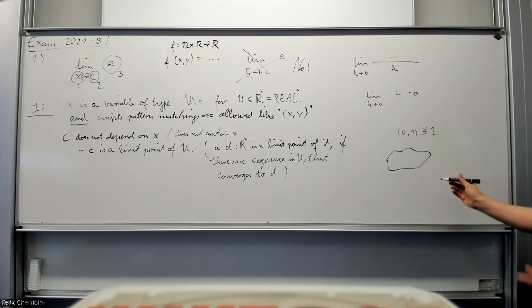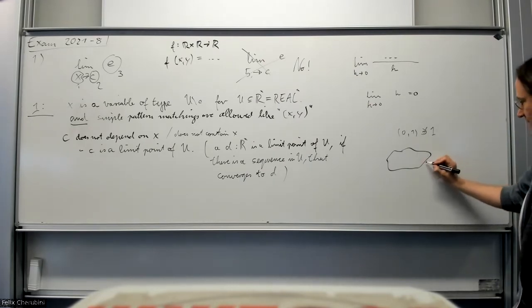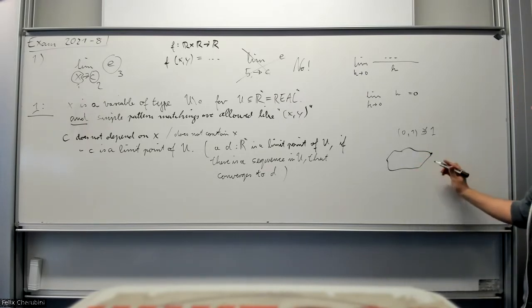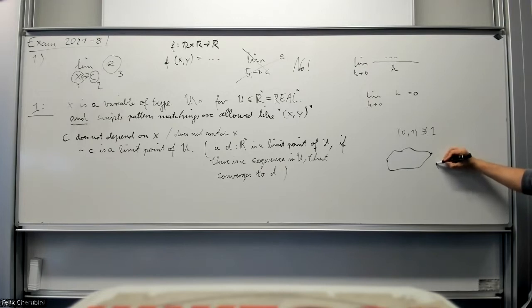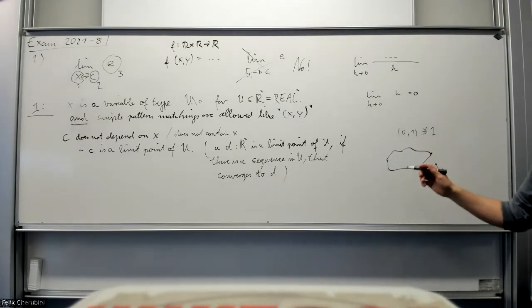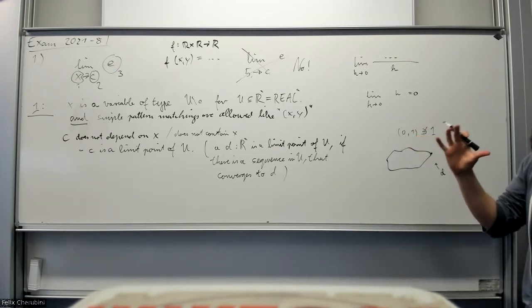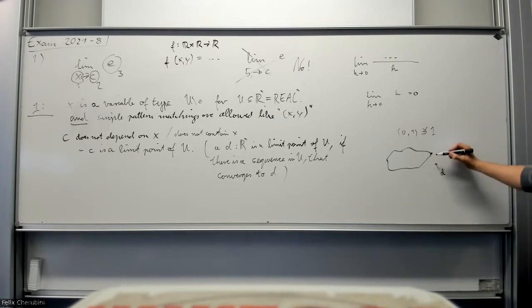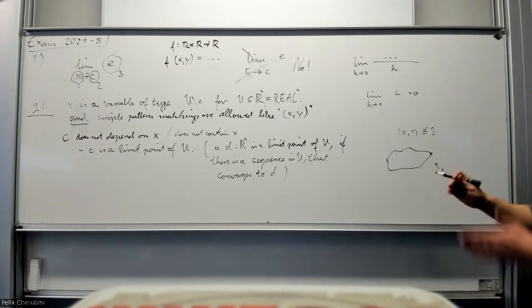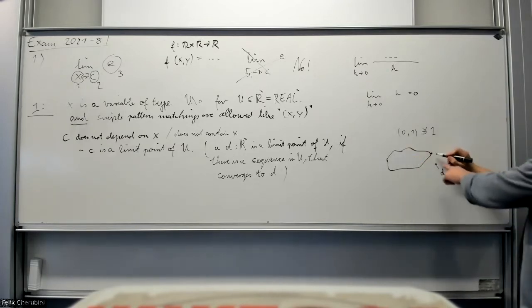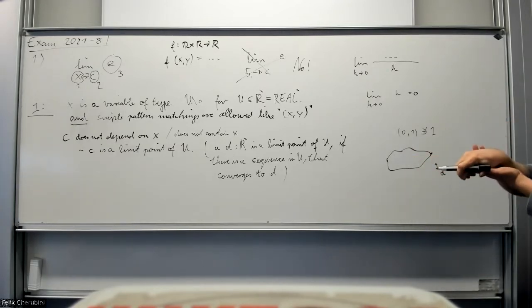It's better to have those things two-dimensional. So let's just say we have a point here. This is D, and this is an open subset, like this one where you don't include the boundary. And this point just sits outside of our U, touches it, but is not inside.